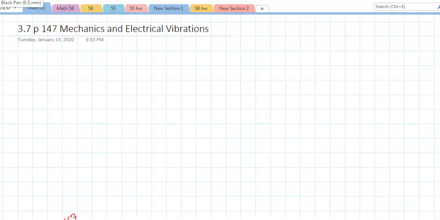Section 3.7 on page 147 talks about mechanics and electrical vibrations. Consider a vector with components AI plus BJ.